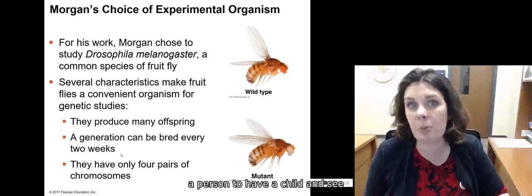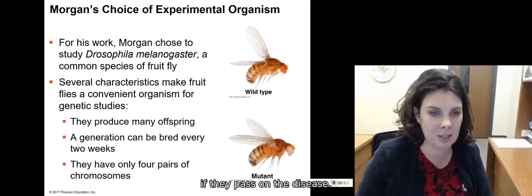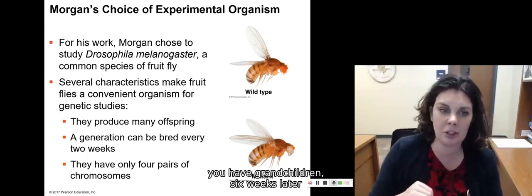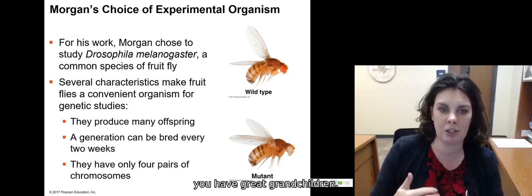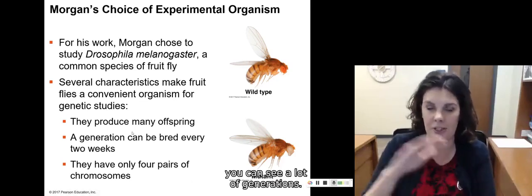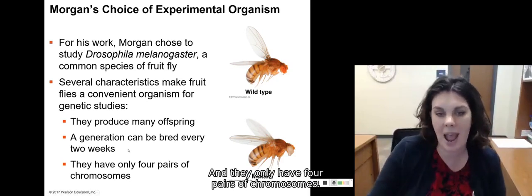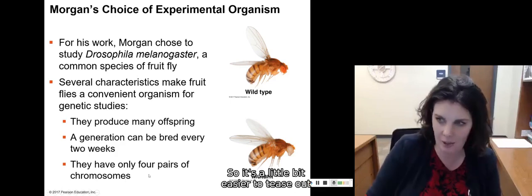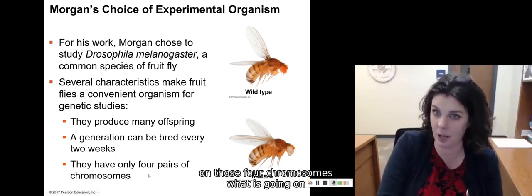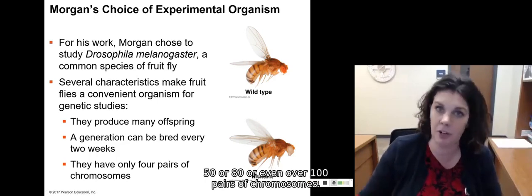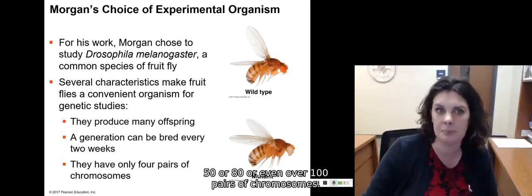So you are not waiting 25 years for a person to have a child and see if they pass on a disease. 2 weeks later, you have children. 4 weeks later, you have grandchildren. 6 weeks later, you have great-grandchildren. So very quickly, you can see a lot of generations. And they only have 4 pairs of chromosomes. So it's a little bit easier to tease out on those 4 chromosomes what is going on, compared to some organisms that have 50 or 80 or even over 100 pairs of chromosomes.